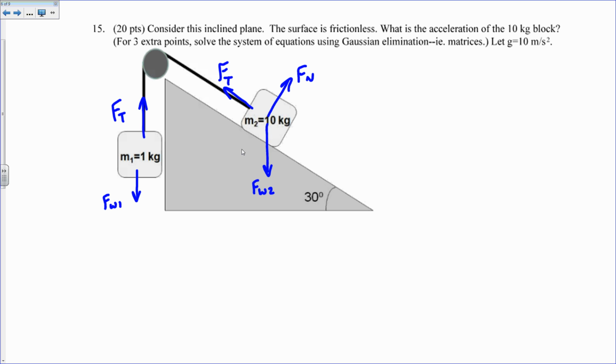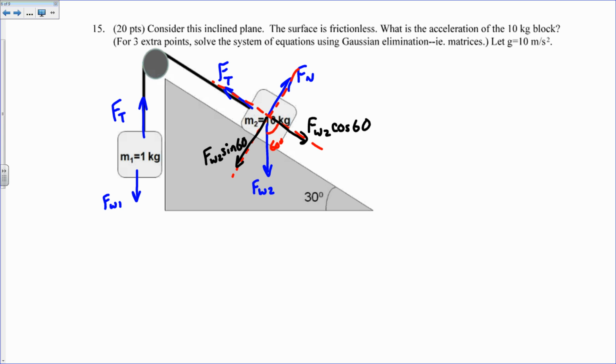So now I'll go ahead and draw my coordinate system, recognizing that this angle is 60 degrees. I'm going to go and draw the components of my weight. So this is going to be FW2 cosine of 60, and then this is going to be FW2 sine of 60.